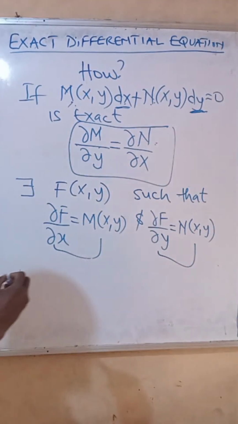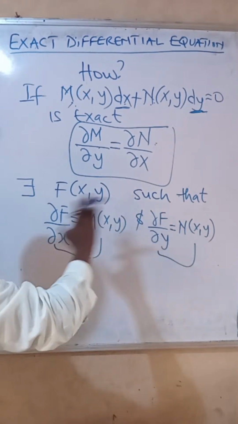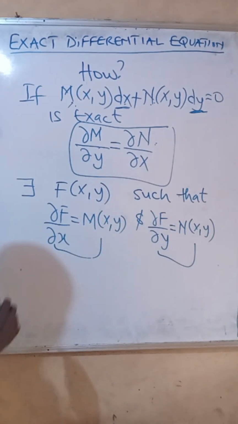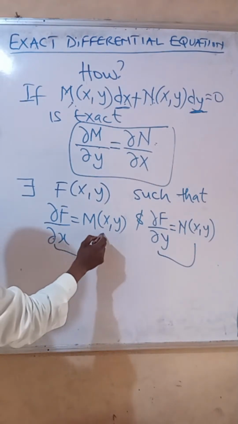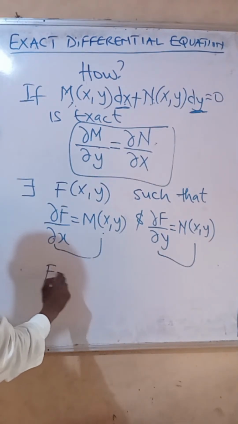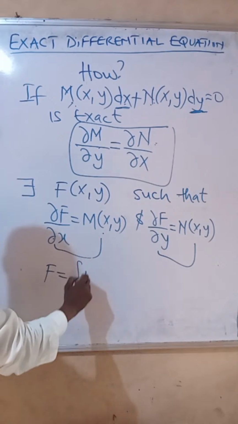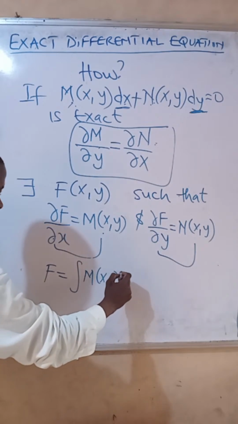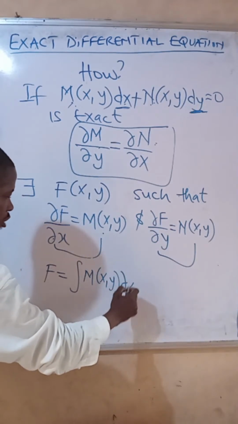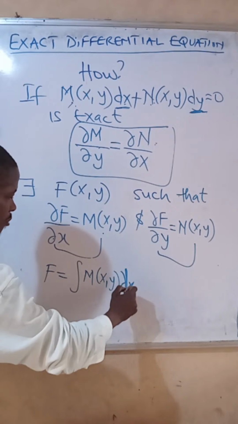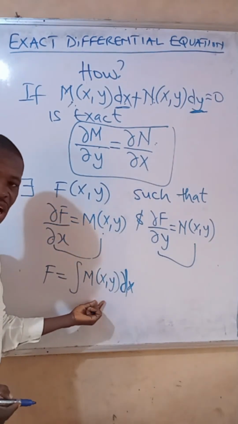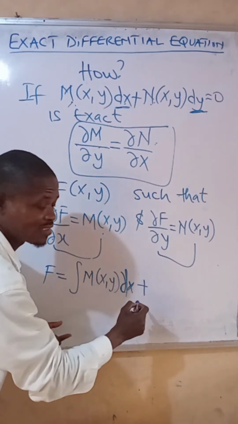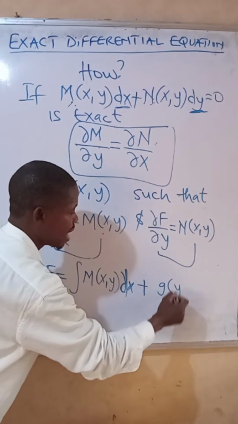If you want to use any of them, we take the integral of both sides. Taking the integral of this one, f will be equal to the integral of M as a function of two variables, with either del x or dx, no problem, because we are doing partial integration here, plus the arbitrary constant g of y.